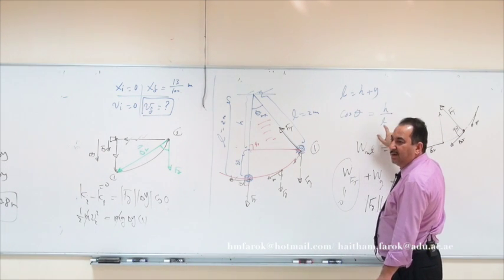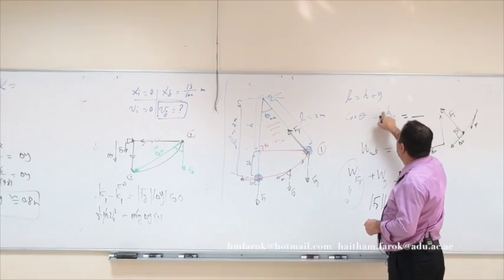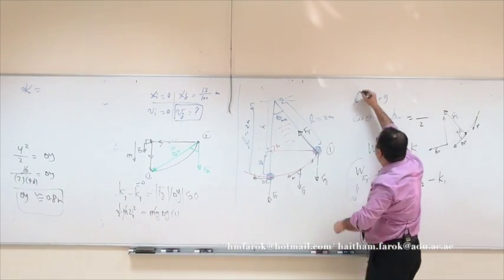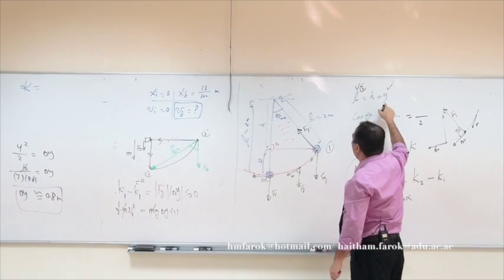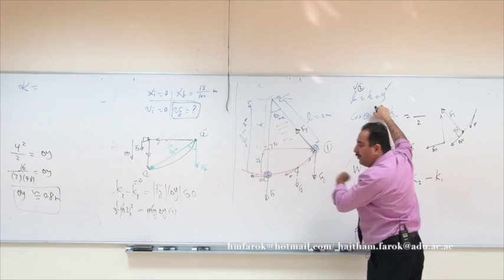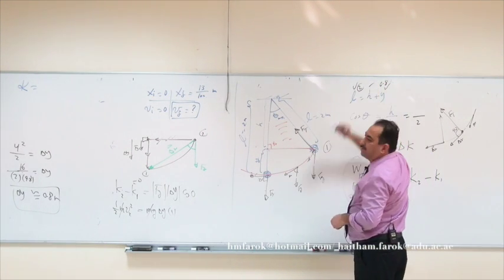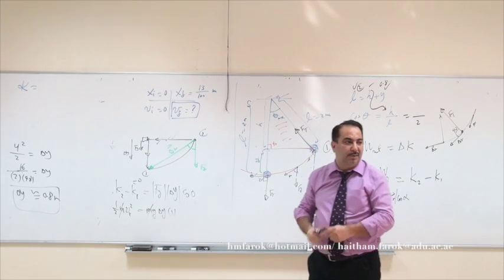H, and L is 2. The problem was H. To find H, what do you need? L and Y. Y was the problem, yes? Did we find Y or not? So find H. When you find H, substitute here.